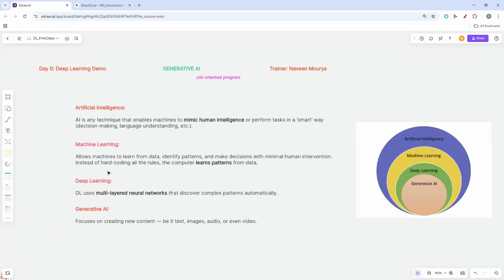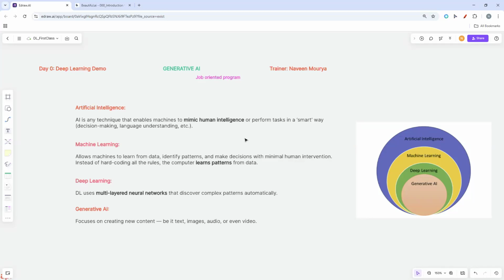I kept the points already written over here instead of writing once again, which consumes time, because I want to keep this session as informative as possible, since we'll be introducing you to deep learning. So I need a couple of minutes to conclude this perfectly.